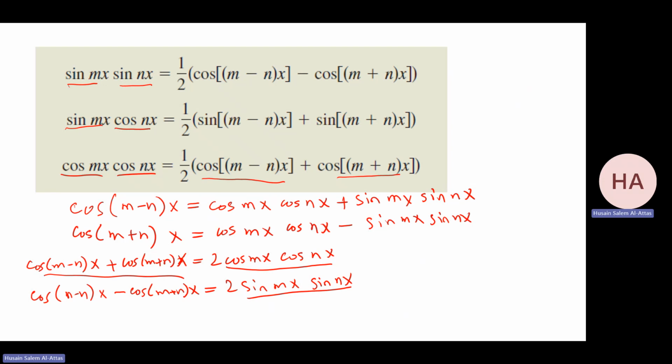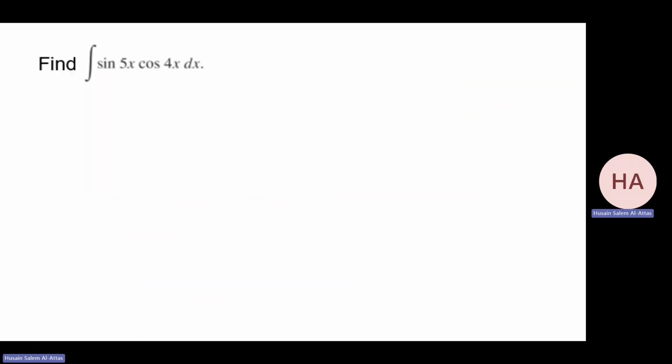Sine times sine will be half of cosine the difference minus cosine the sum. And same thing if I use the sine formula: if you use sine (m minus n)x and sine (m plus n)x, you will get this formula, which is sine mx cosine nx equals sine the difference plus sine the sum, over 2.